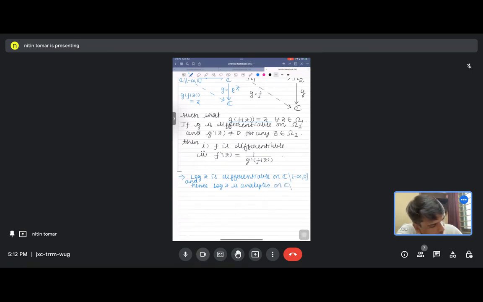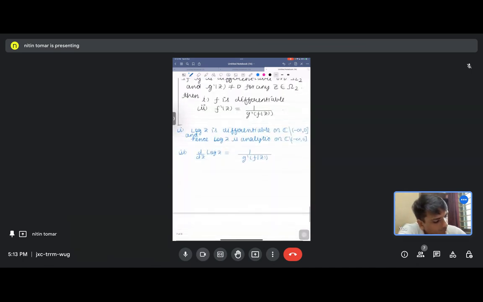Not only that, this was the first conclusion. The second conclusion is the derivative d by dz of this complex logarithm. What does it say? It is g prime of f of z. But what is g prime?